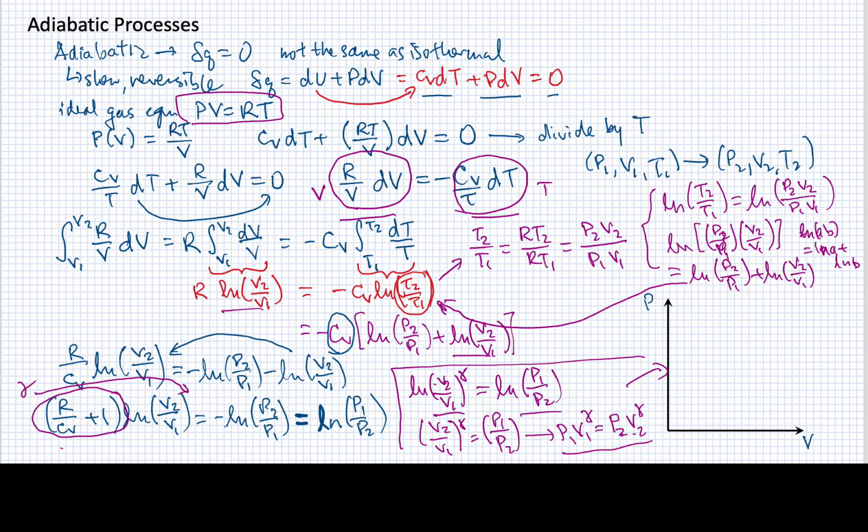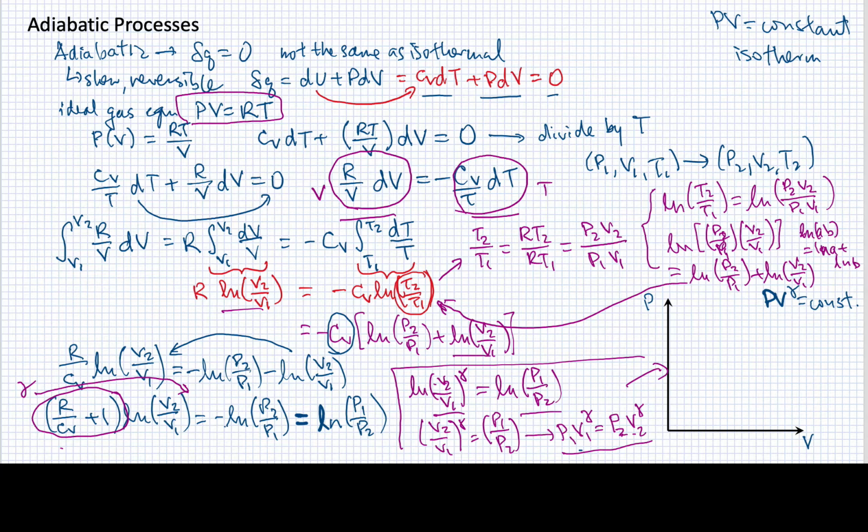Now, when I have P1 V1 raised to the gamma is equal to P2 V2 raised to the gamma, that's really just a way of saying I've got PV raised to the gamma is equal to a constant. Now we've already seen curves where PV equals a constant. Remember, when PV is equal to a constant, this is what we have when we have an isotherm. So this is just a little bit different because we're raising V to some strange power.